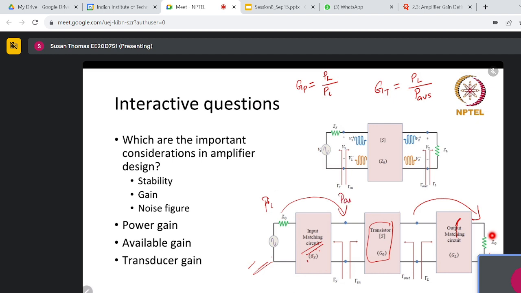Suppose the power available from the source is different from the input power. Transducer gain means how much of the power available from the source is being delivered to the load. I hope this makes sense. Okay. Thank you very much, ma'am.